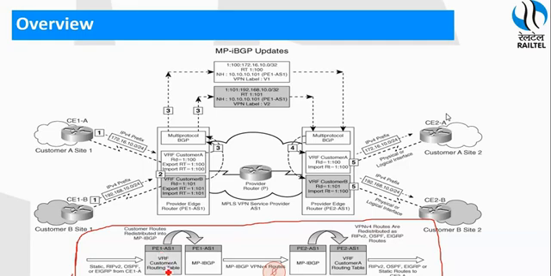Because it becomes a 96-bit address and it is no longer a normal 32-bit IPv4 address, we require the MP-BGP protocol. So that will now be transported from this provider edge to the next provider edge using the MP-BGP protocol. So what will that have? It will have the route distinguisher, the IP version 4 address, and the route target.